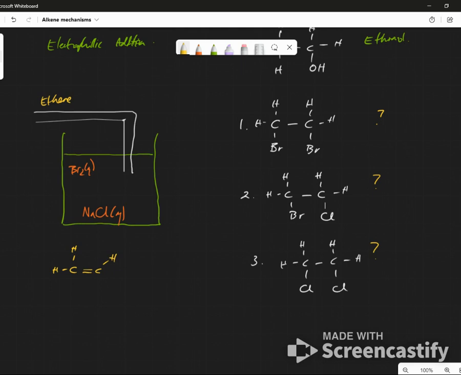We have our ethene, and bromine comes along, and this comes down here, this comes down here, and we get this. We get a Br here, and then the Br minus does that. And that gives us number 1.